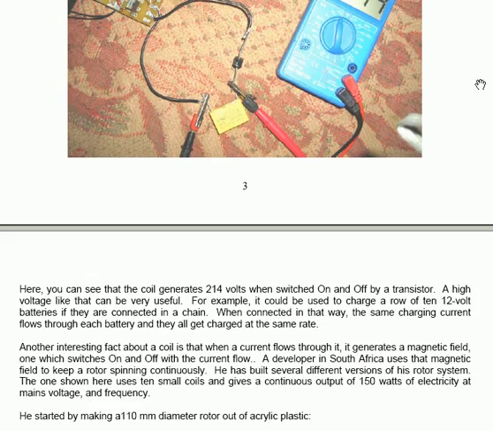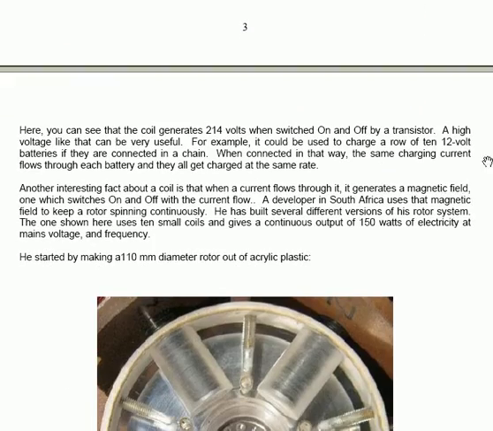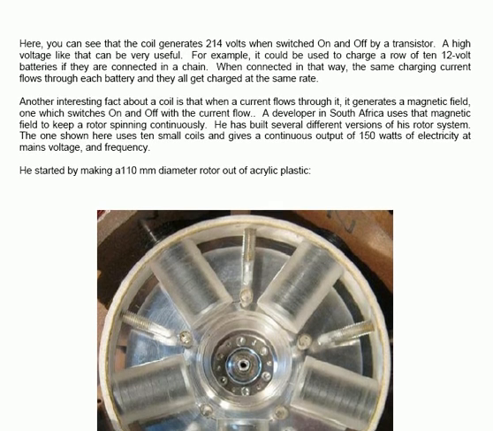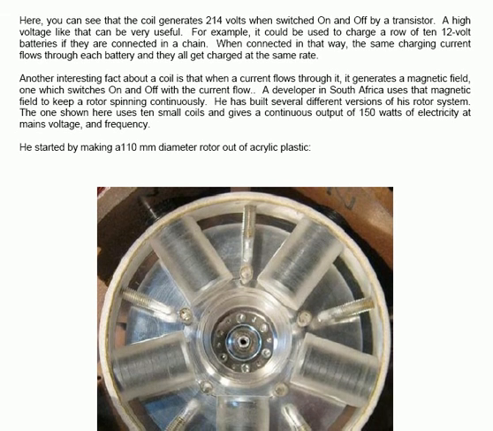A high voltage like that can be very useful. For example, it could be used to charge a row of 10 12-volt batteries if they're connected in a chain. Connected in a chain, they will make 120 volts, and 214 volts can most definitely charge a 120 volt battery.